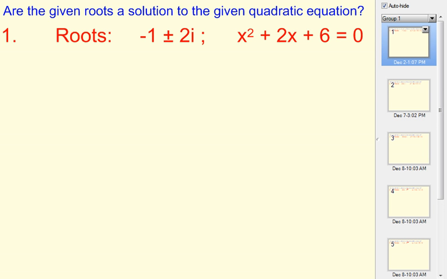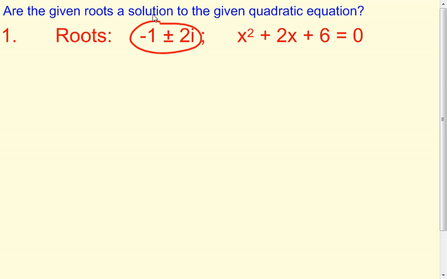So basically what I'm telling you is that one of the roots is -1 plus 2i, and the other root is -1 minus 2i. The easiest thing, I think, so that you don't make mistakes, is that you get those both set equal to 0.